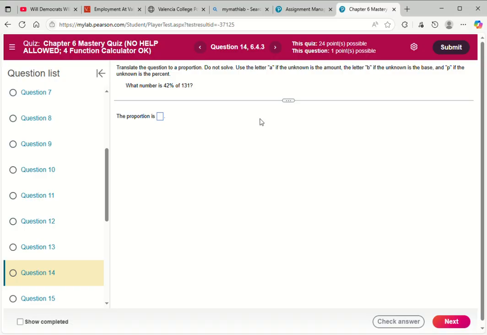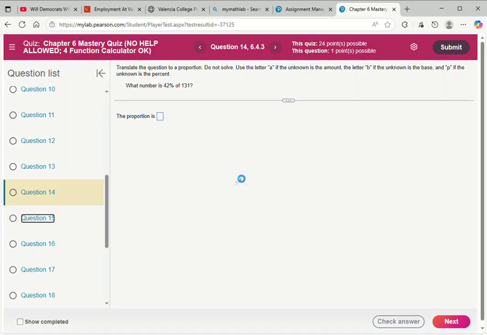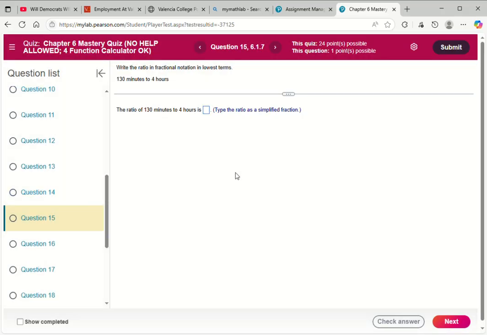And the question we're translating here is, what number is 42% of 131? Question number 15 says, write the ratio in fraction notation in lowest terms, and the ratio is 131 minutes to 4 hours.